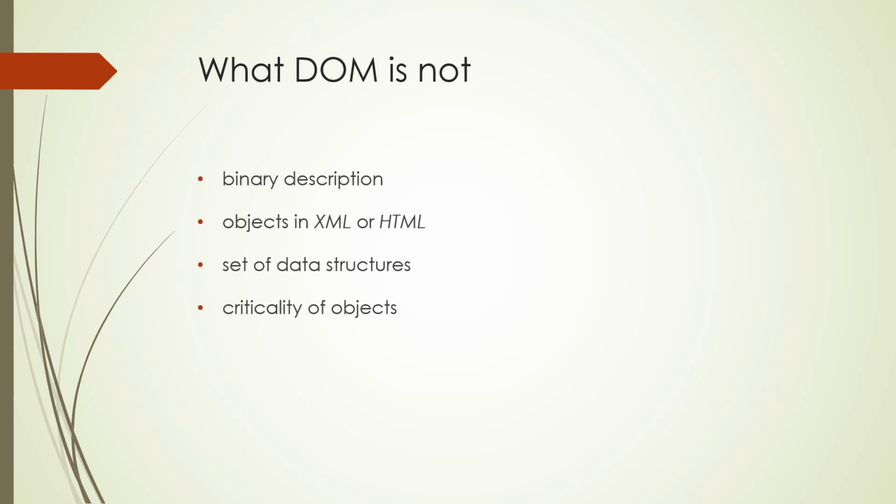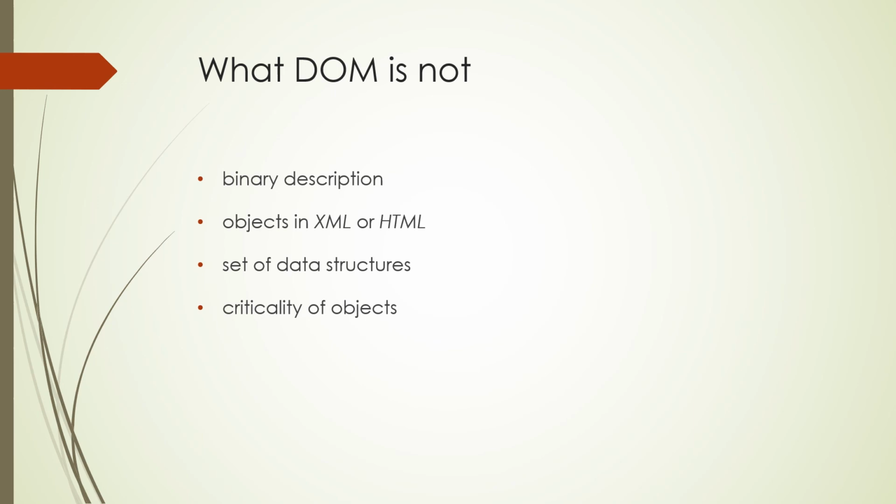At last, I will discuss what the document object model is not: binary expression, objects in XML or HTML, set of data structures, criticality of objects. What is binary expression? The document object model is not a binary description, where it does not define any binary source code in its interfaces.